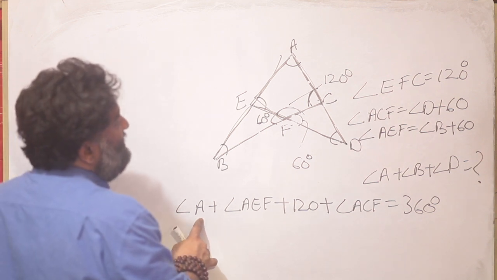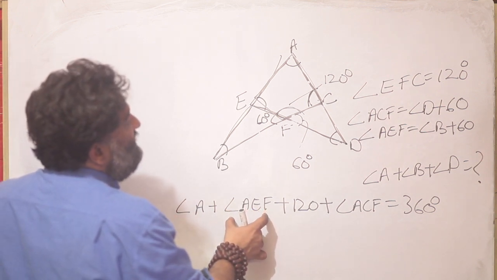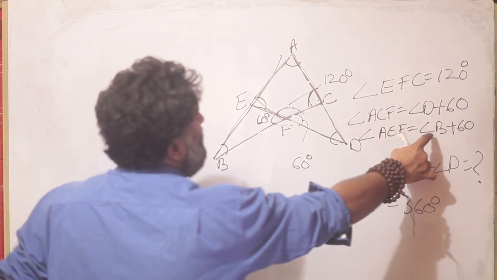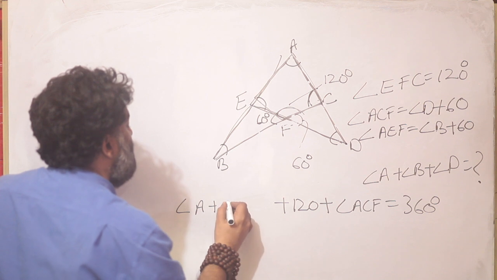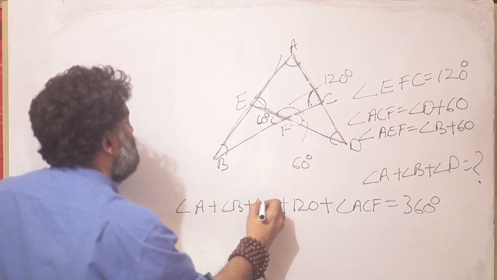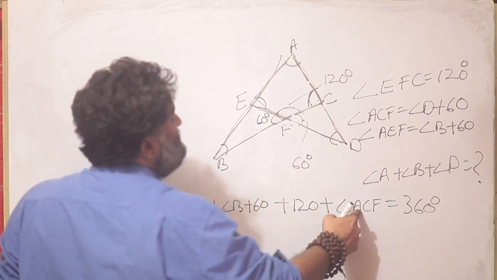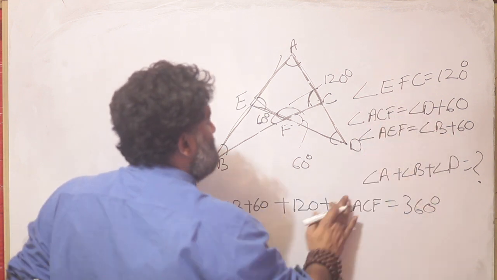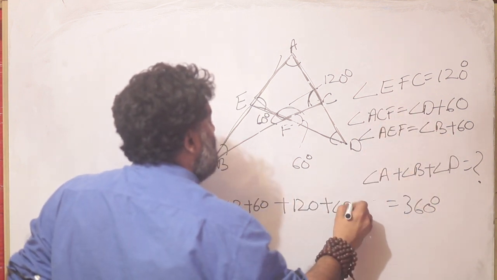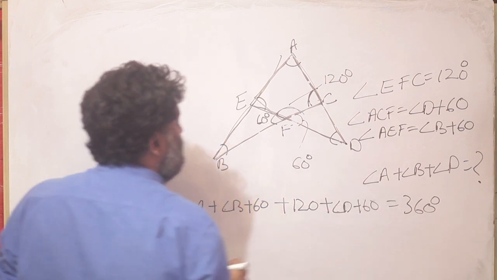So angle A, let it be here. Instead of angle AEF, what can I write? I can write angle B plus 60. Instead of angle ACF, what can I write? Angle D plus 60. So I will write angle D plus 60.